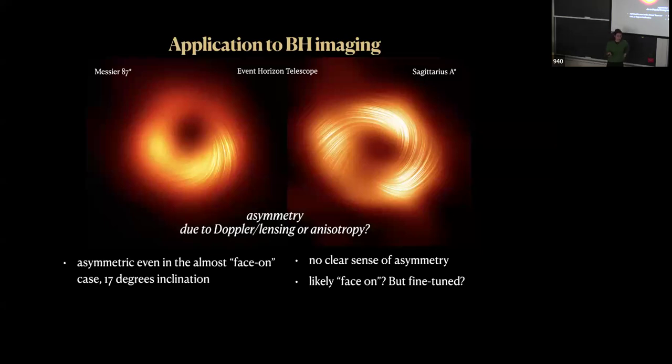For this one, we don't know the spin because there's no jet, so we don't know the direction of the spin, and it looks very symmetric. So from the HT standpoint, the image is very symmetric, and that means that we are looking very much face-on. And this seems very fine-tuned, right? So it could also be that it has no substantial spin. And probably it's not rotating too much.